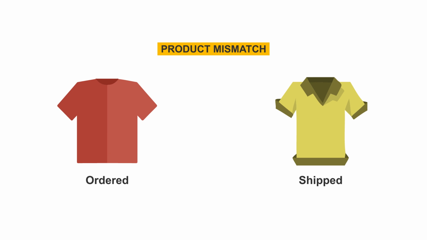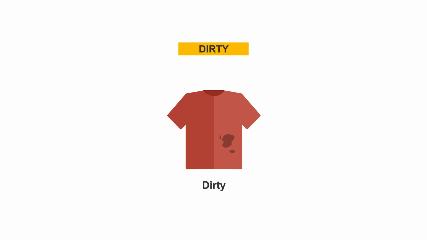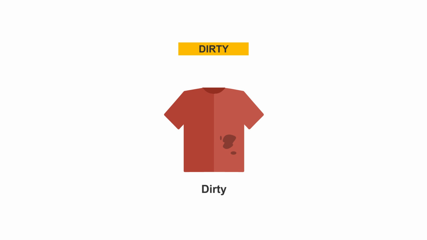Incorrect item: the item sent was different from that mentioned in the PO. For example, a shirt was sent instead of a t-shirt. And lastly, defective piece or untidy and dirty product. Hence, if you check for these simple points while packaging, it would save time and effort at both ends.